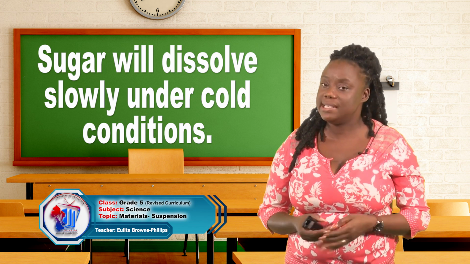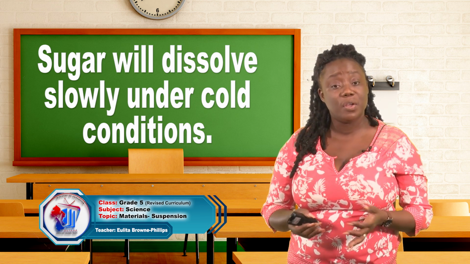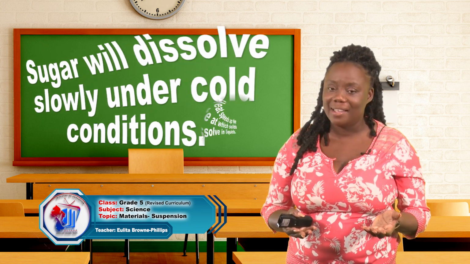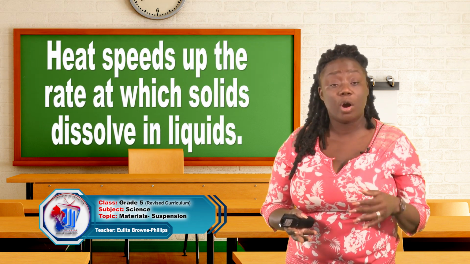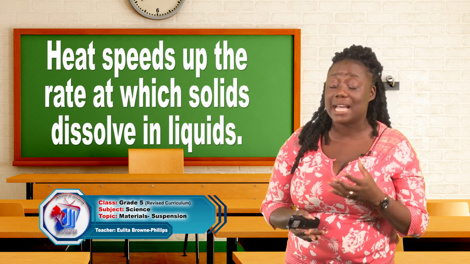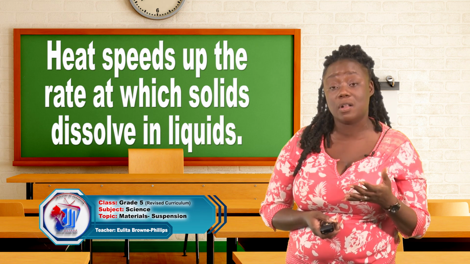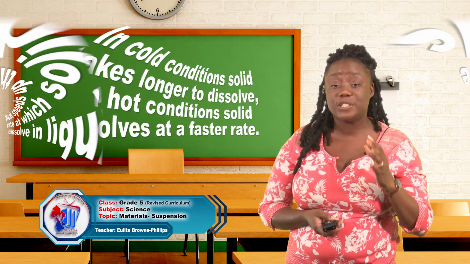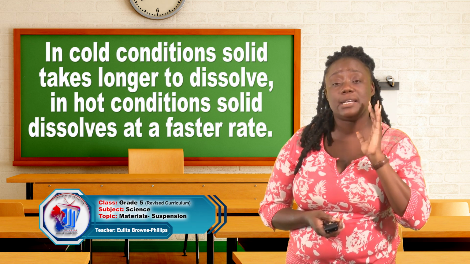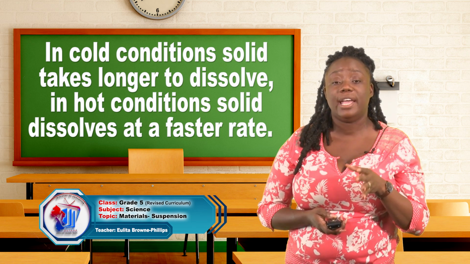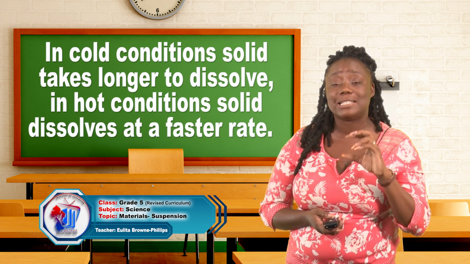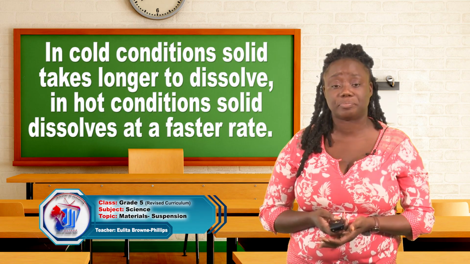When making hot tea or coffee, do you notice the sugar dissolves quickly? Why? Because heat, or we can say the rise in temperature, speeds up the rate at which solids dissolve in liquids. So, in cold conditions, solids take longer to dissolve. In hot conditions, solids dissolve at a faster rate.